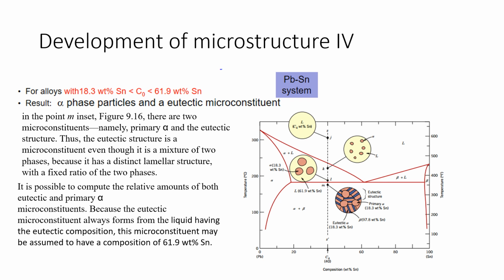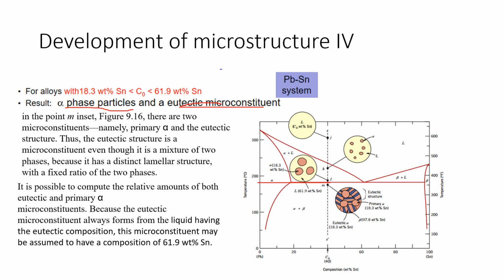When it is cooled down until the eutectic invariant temperature, the isotherm line, is crossed, below that the resultant microstructure is alpha phase particles in the eutectic microconstituent, which is a new type of grain particle.